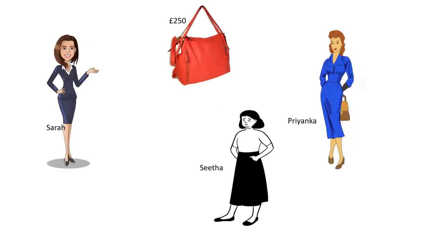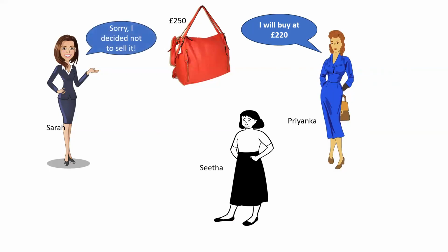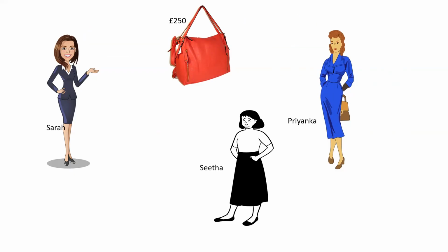After 2 days, again Priyanka comes back to the shop and she is asking whether she can buy the handbag at 220 pounds. But at this point, Sarah is saying that she has decided not to sell it. And again, another person named Sita is walking into the shop and she is expressing her willingness to buy the handbag at the original display price, that is 250 pounds.